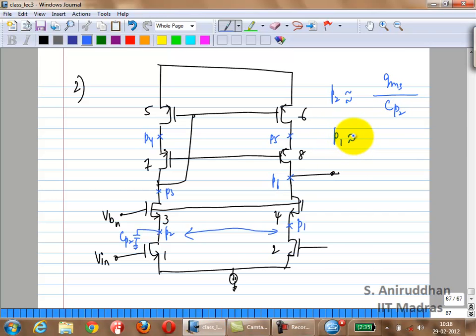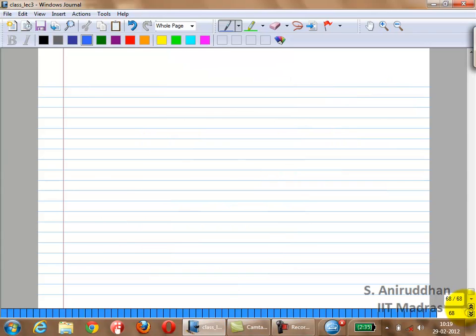But for P1, what I said yesterday was wrong. So obviously, the input impedance here is much larger. So the impedance looking in here is no longer 1 over GM3, right? Oh, sorry, 1 over GM4. What is the expression for input impedance?